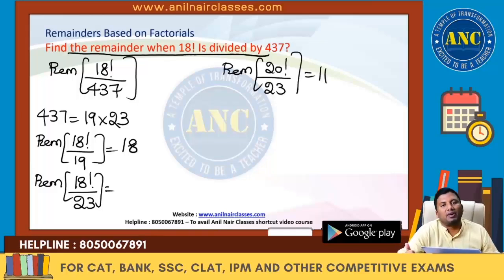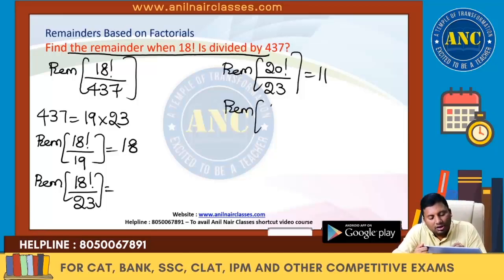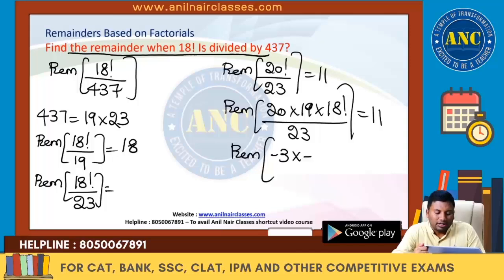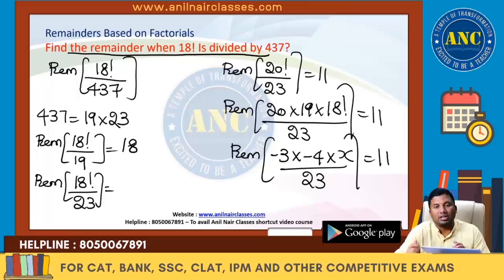Because it is of the form (P minus 1) by 2. 20 factorial is 20 into 19 into 18 factorial divided by 23, it is 11. 20 divided by 23 is minus 3, 19 is minus 4. 18 factorial divided by 23 is x. When I further divide by 23, the remainder is 11. Minus into minus is plus.